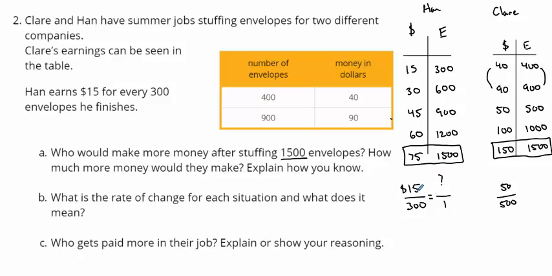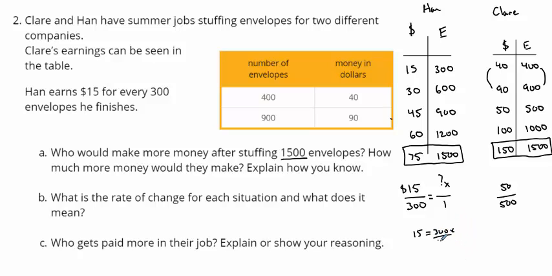So we know when we look at proportions like this, these cross multiples are going to be equal to each other. 15 times 1 is going to be equal to 300 times something. So we could just divide 15 divided by 300, right? 15 times 1 is 15, which is going to be equal to 300 times x.